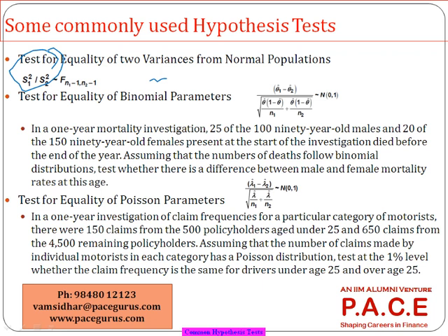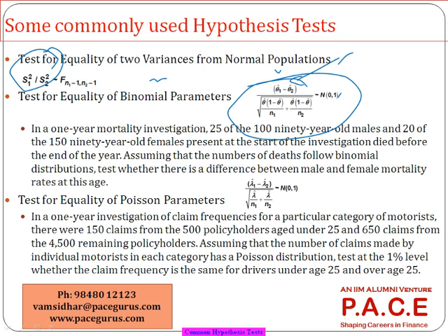Then another kind of test that we did in the one-population scenario is testing for proportions, and there we went for the normal approximation to the binomial distribution. The same logic applies again if I have to test for the difference between two proportions.